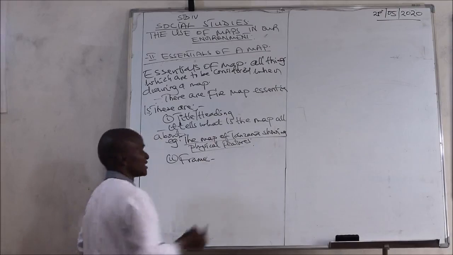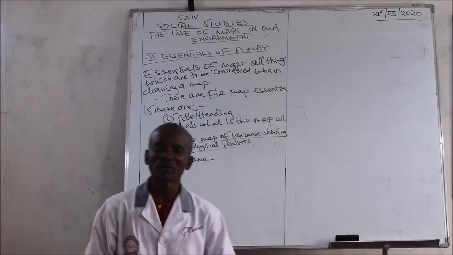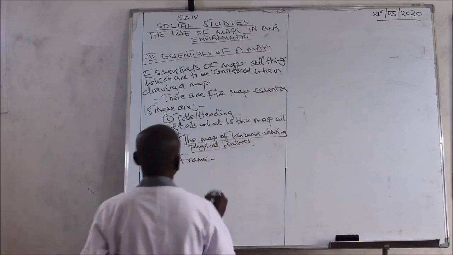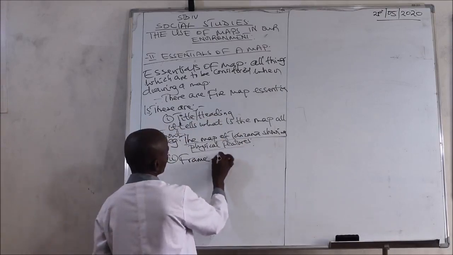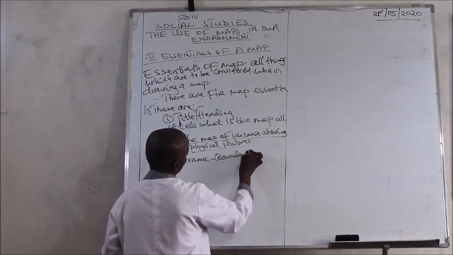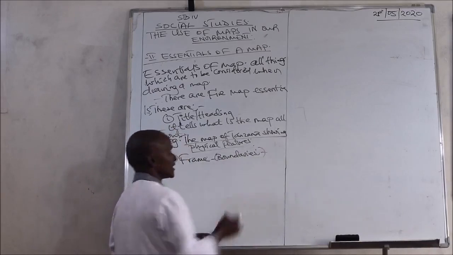The frame is the second map essential. Now the frame, this one, sometimes we call it the boundary. Why boundaries?